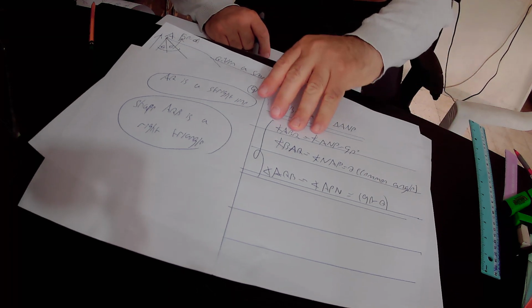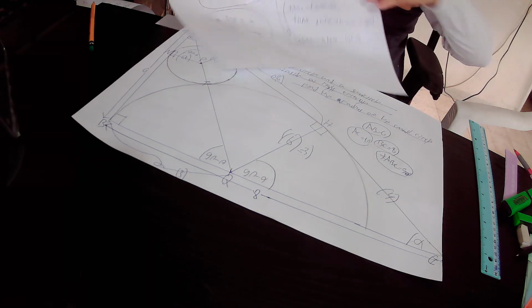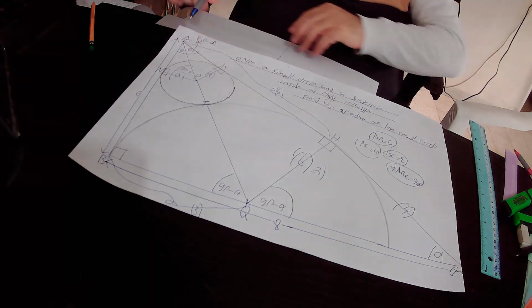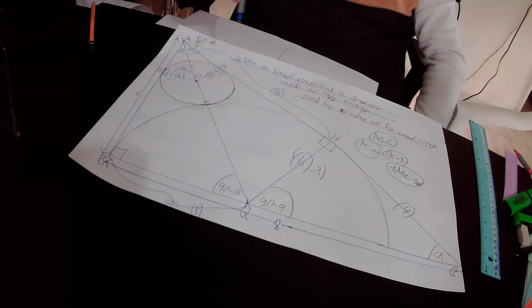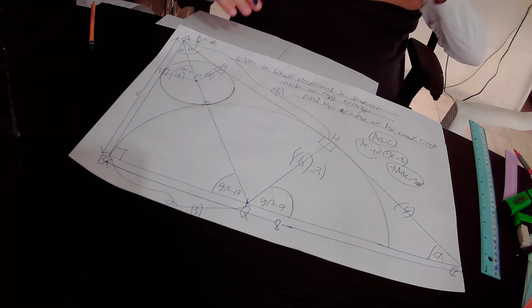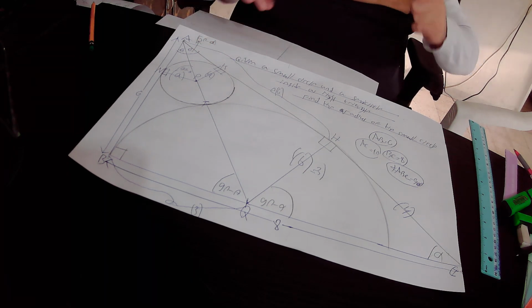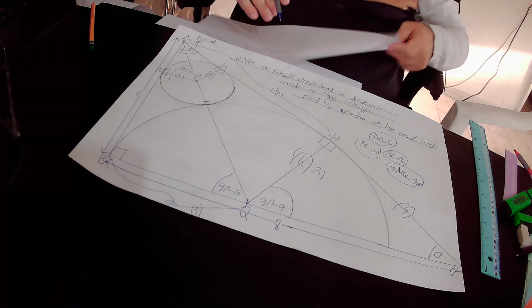So we actually proved that all the three angles in this big right triangle ABQ are correspondingly equal to all the three angles in this small right triangle ANP. Therefore, those two right triangles are similar to each other according to the angle similarity rule. So write it down.